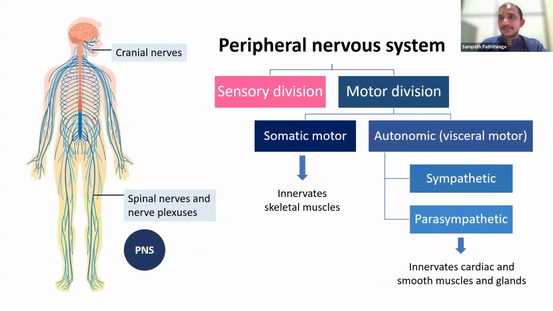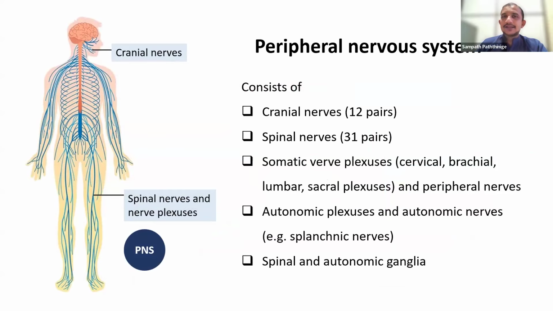Yeah, so then about the peripheral nervous system, I told you that there is a sensory and a motor division. The somatic motor division innervates skeletal muscles, while the autonomic nerve division innervates the cardiac and smooth muscles and the glands. And this peripheral nervous system contains 12 cranial nerves, the 31 pairs of spinal nerves, and a lot of somatic nerve plexuses.